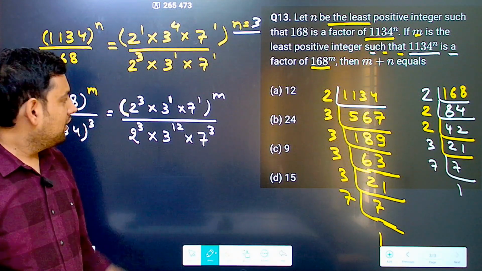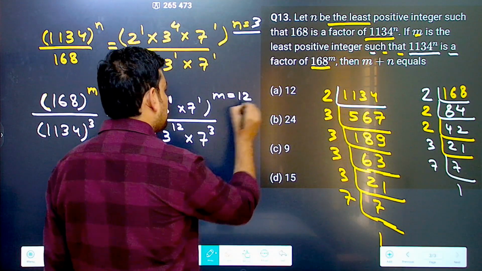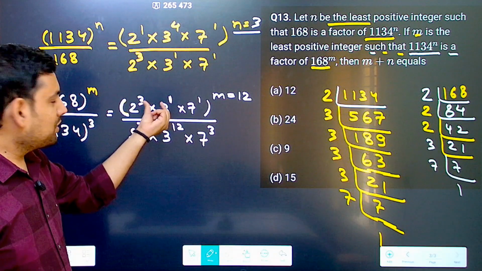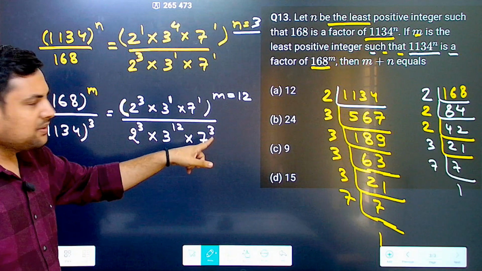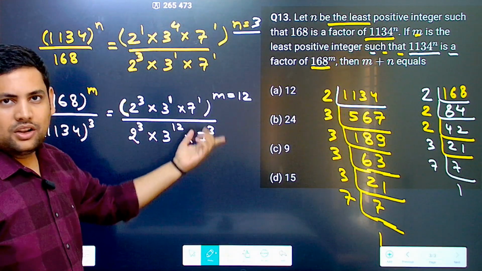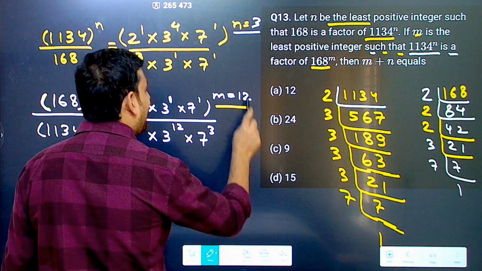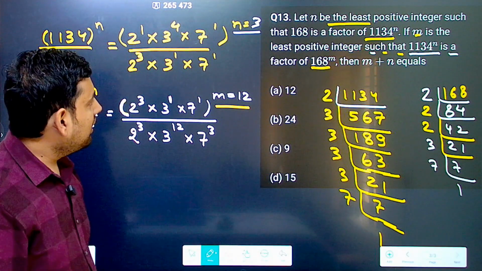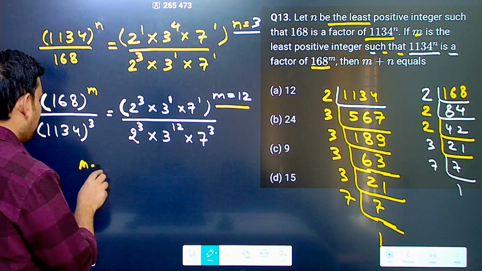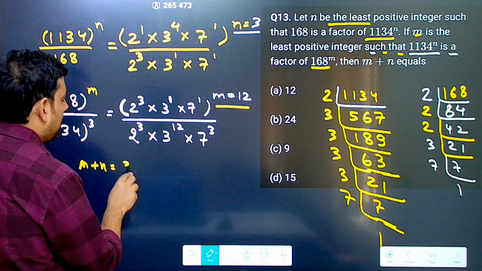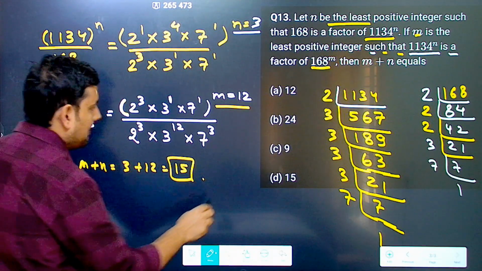So what can I do? I can try to make this 3 power 12. How? If I take m is equal to 12. Now if m is 12, what do you get? 3 power 12, correct? Now it is contained, and 7 also becomes power 12. You needed only 7 power 3. So that means completely divisible. So you have got the values of both m and n. n is 3, m is 12. It is asking you what is m plus n. So m plus n is equal to 3 plus 12, that is equal to 15.